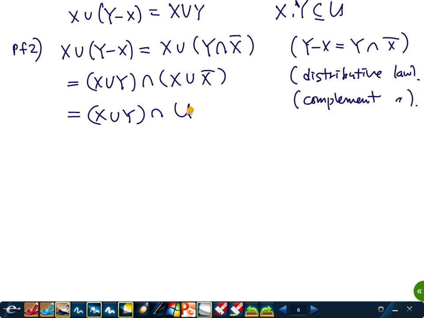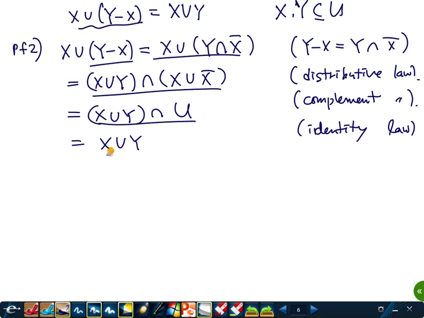And finally, something union the universe is this thing. This is the identity law. So we started from the left-hand side, and by applying several theorems, we end up getting the right-hand side. So they are the same. This is the proof. So this is another proof of the same statement.